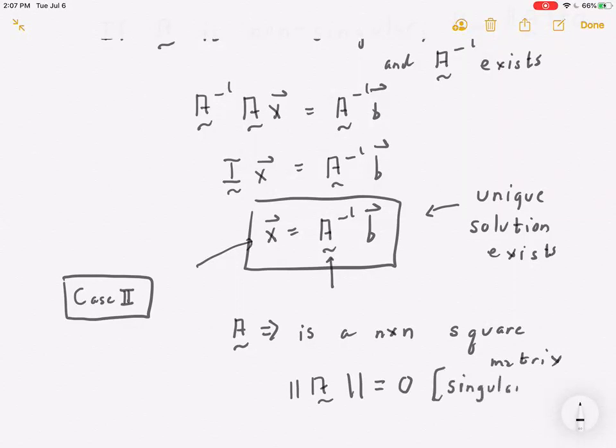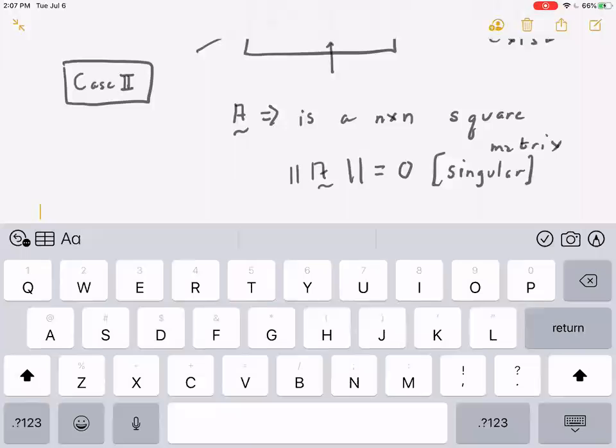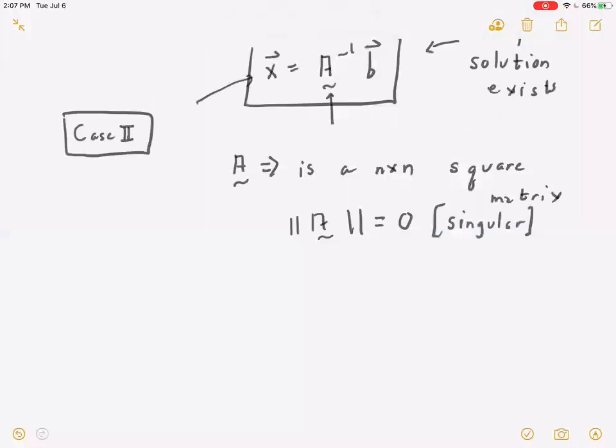That means that its determinant is 0. So you cannot write down an inverse for A. This inverse does not exist.